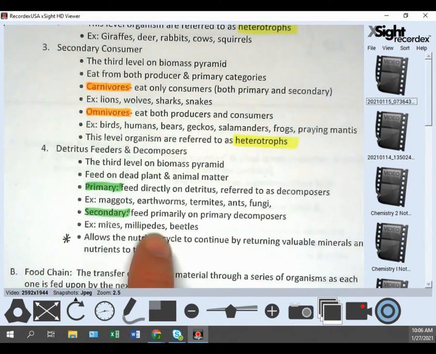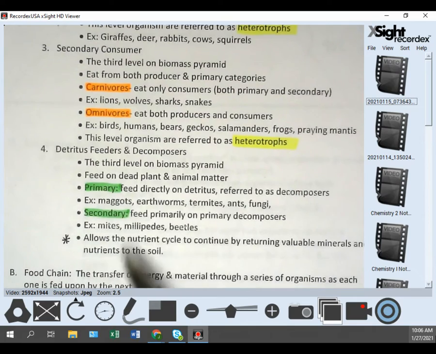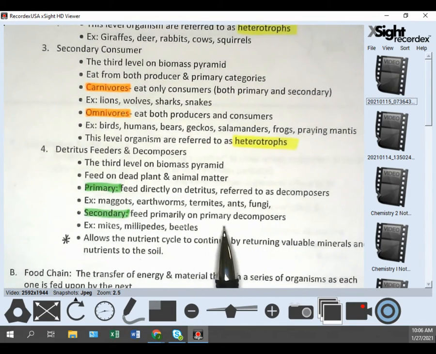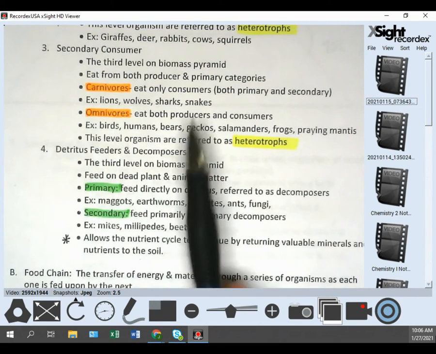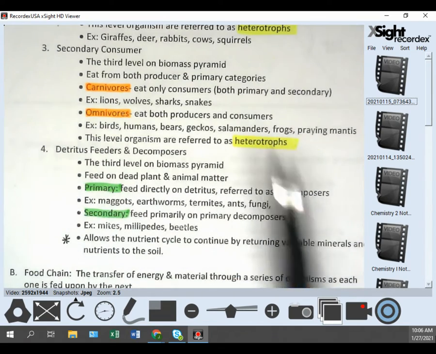And then you do have a category, and to be honest with you, I'm not 100% sure why they put this under this category and why they're not just considered a secondary consumer.